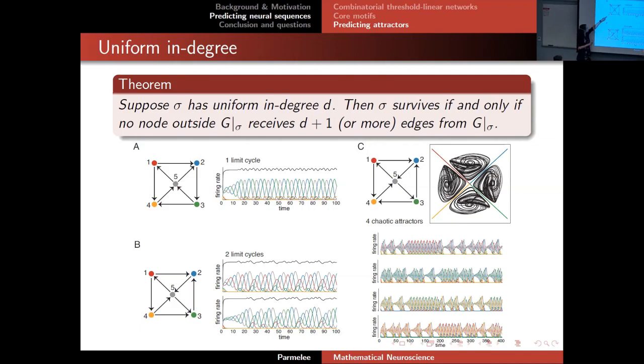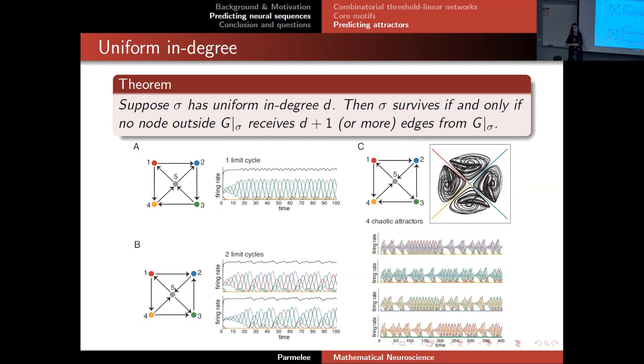So back to this example. This one survived, and it's because, looking at the outside neurons, this one, I don't receive 2 edges from that 3-cycle. This one, I also don't receive 2 edges from that 3-cycle. So that one would survive. But this one, 154, which neuron kills 154? 3. Other way, it's a target, so it sends out.